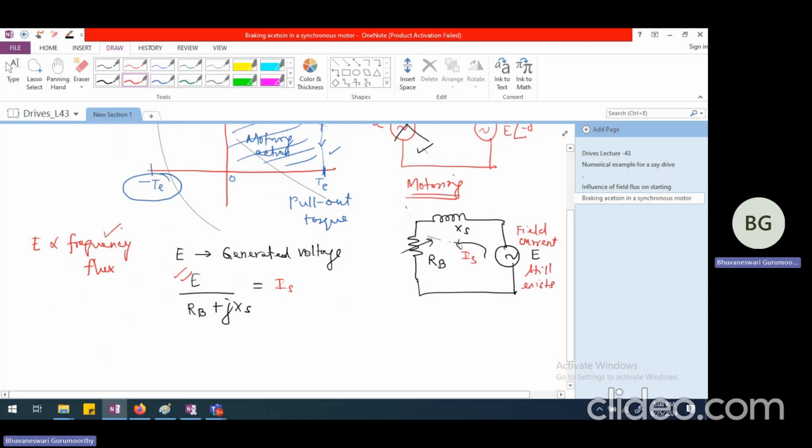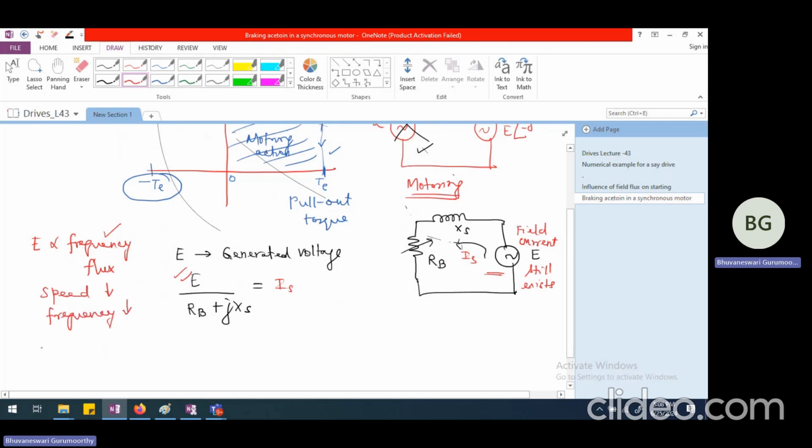But the frequency of this induced EMF depends upon at what speed the synchronous motor's rotor is running. And as the braking action is taking place, the speed will come down further and further. Speed comes down, because of which the frequency will also come down.